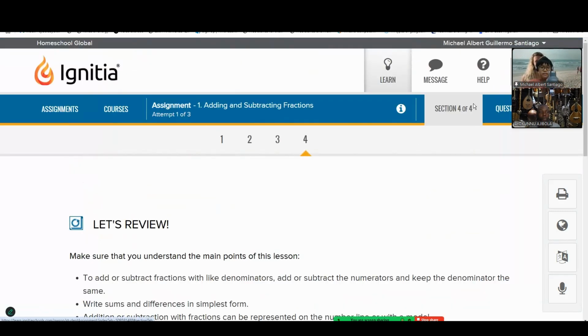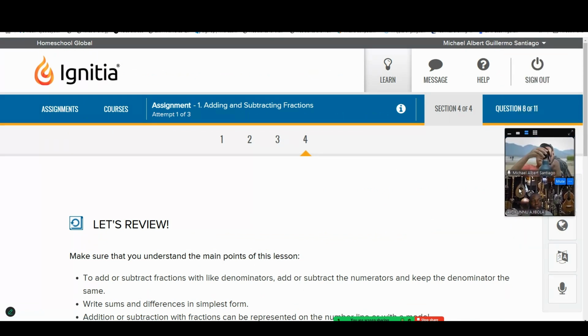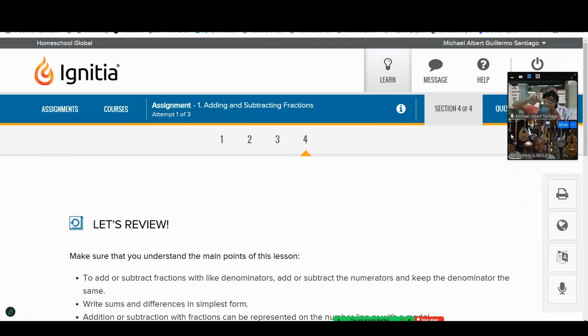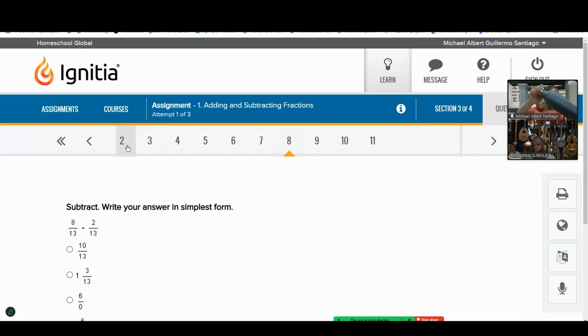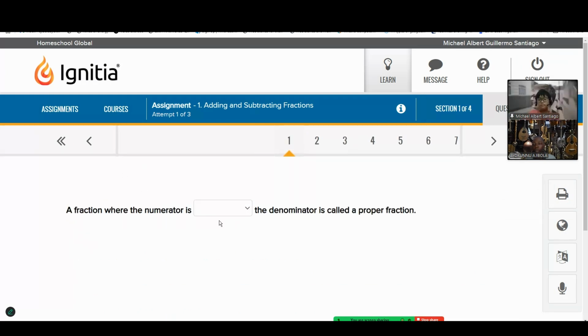So let's work on some questions as we try to proceed. Questions. So question number 1, a fraction where the numerator is smaller than the denominator is called a proper fraction.